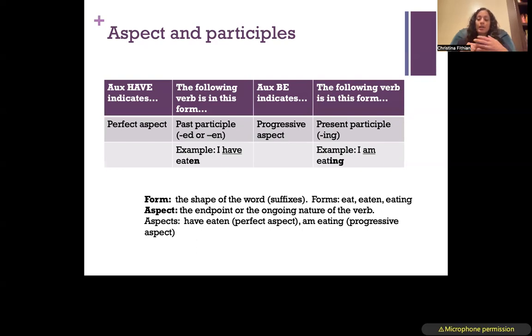In other words, are we focusing on the endpoint or the ongoing nature of the verb? So aspects, you only get aspect when you have the auxiliary verb have and be. So taken together, have eaten gives you perfect aspect. Am eating gives you progressive aspect. And again, we're going to note the different forms of eat in both instances.